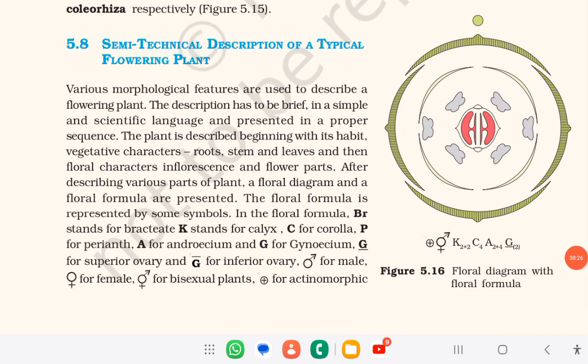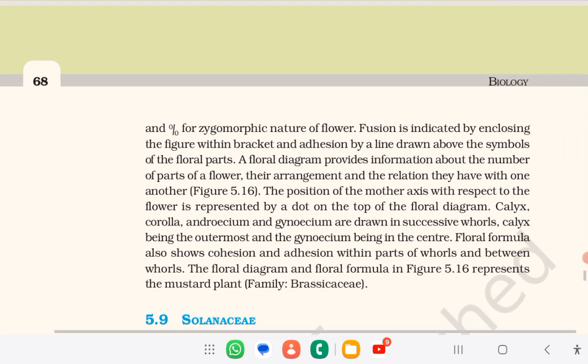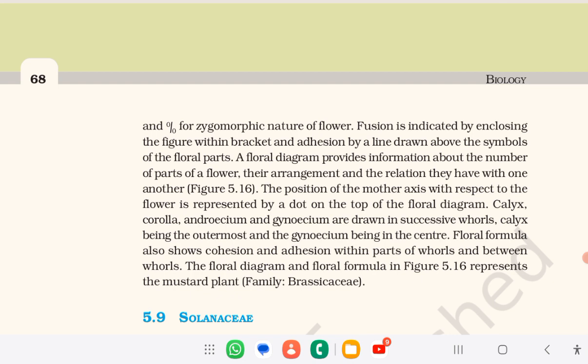G with a line under it is for superior ovary and G with a line above it for inferior ovary. Kindly see the symbols for male, female, bisexual, and for actinomorphic and zygomorphic nature of flowers in the textbook.